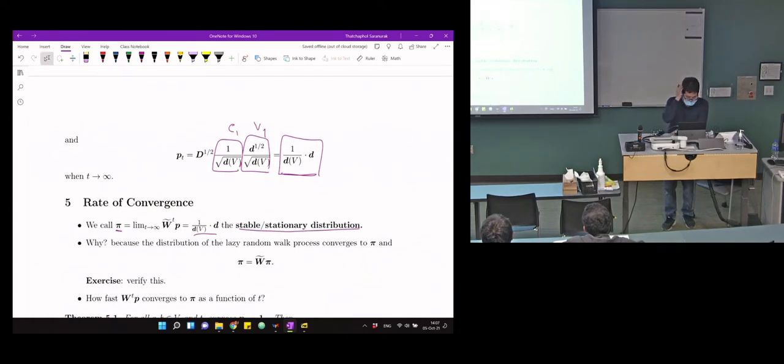So the next question we can ask is, how fast does the distribution converge to pi, the stationary distribution, the limit?